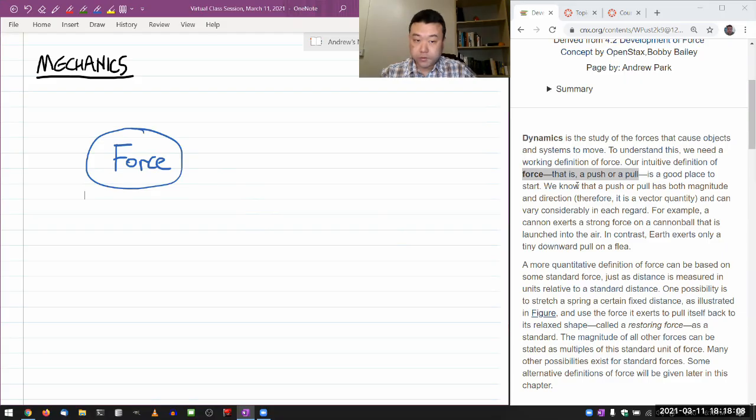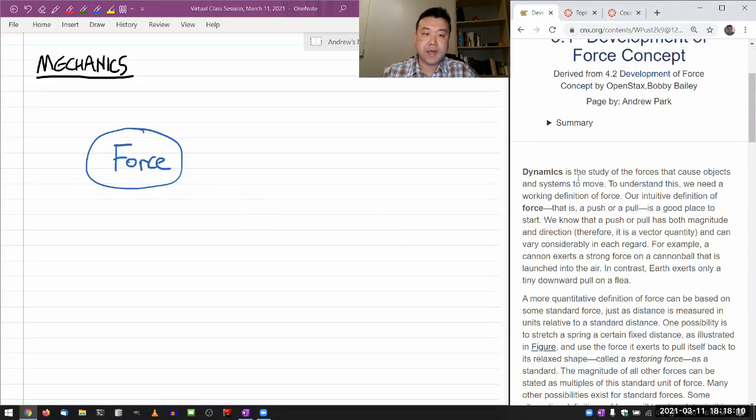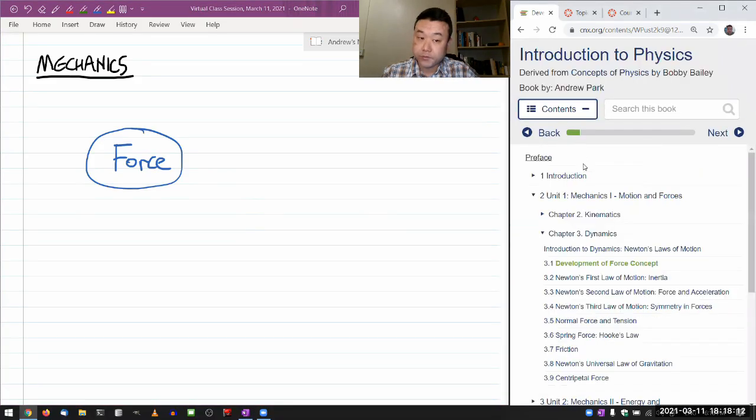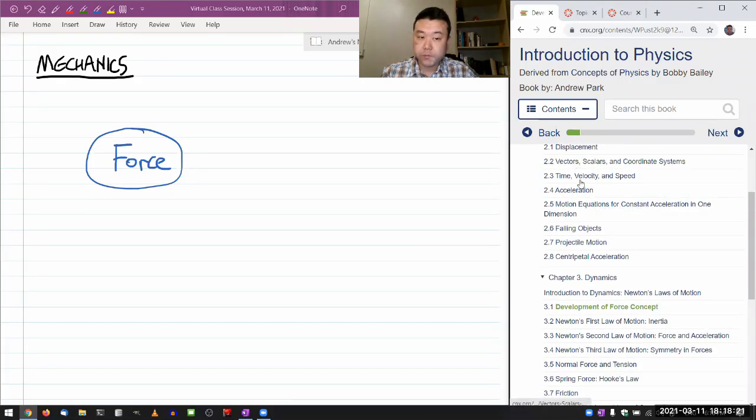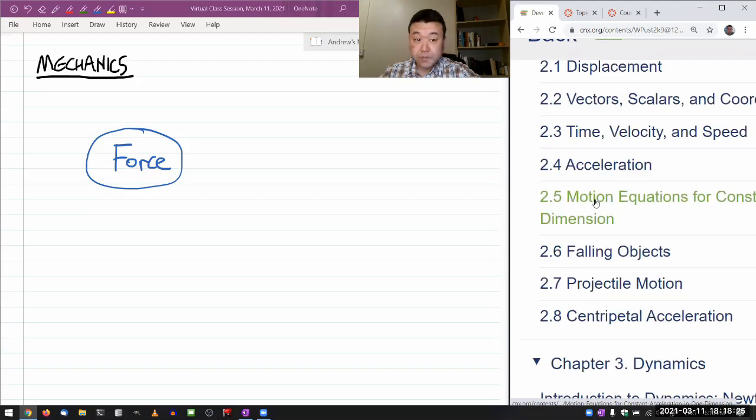So we introduced force in chapter 3, and if you recall chapter 2, that is where we covered motion. We introduced concepts like acceleration, velocity, speed, so that we can describe motion. And force connects to motion through Newton's second law.